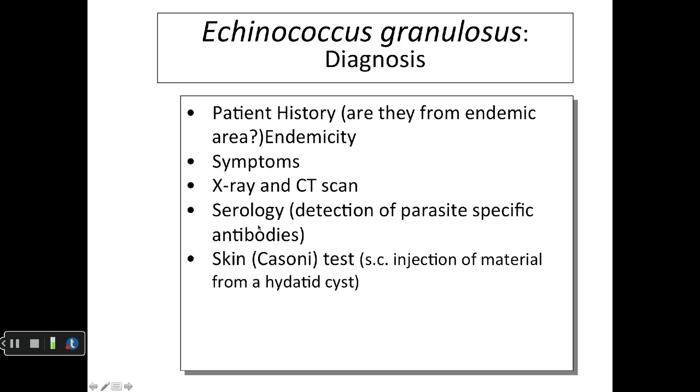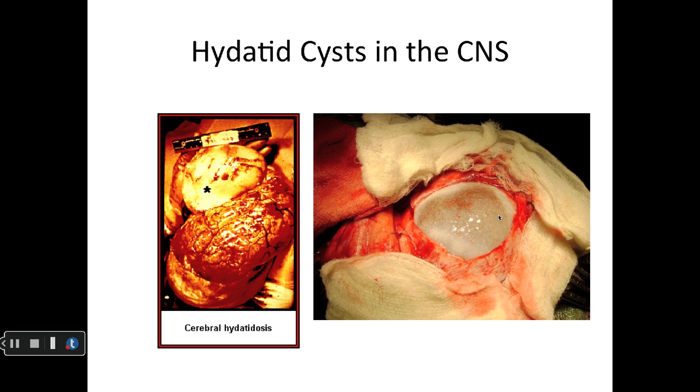What kind of symptoms are they reporting? If you do an X-ray or a CT scan, you're going to see these hydatids present in the tissues. You can also look for Echinococcus granulosus specific antibodies serologically. There is also a skin test where they take a small amount of antigen, inject it under the skin, and look for an immediate wheal and flare.